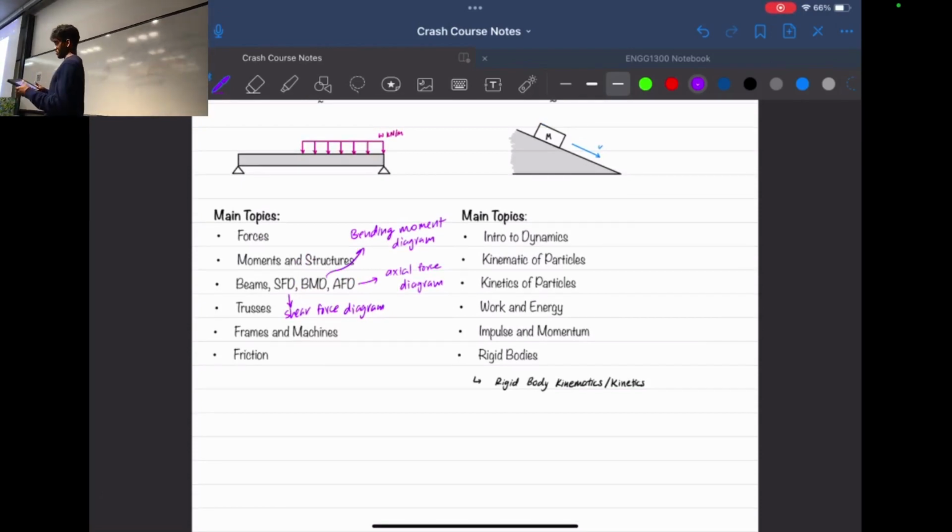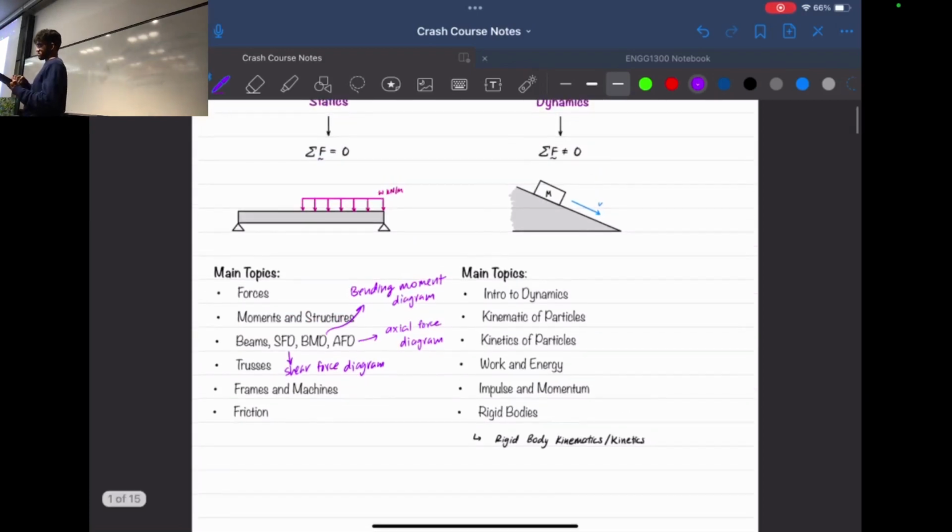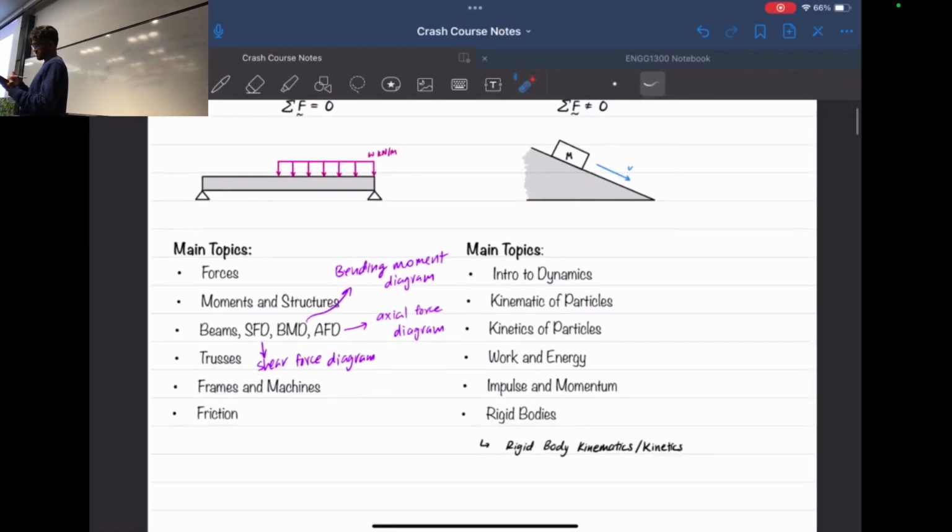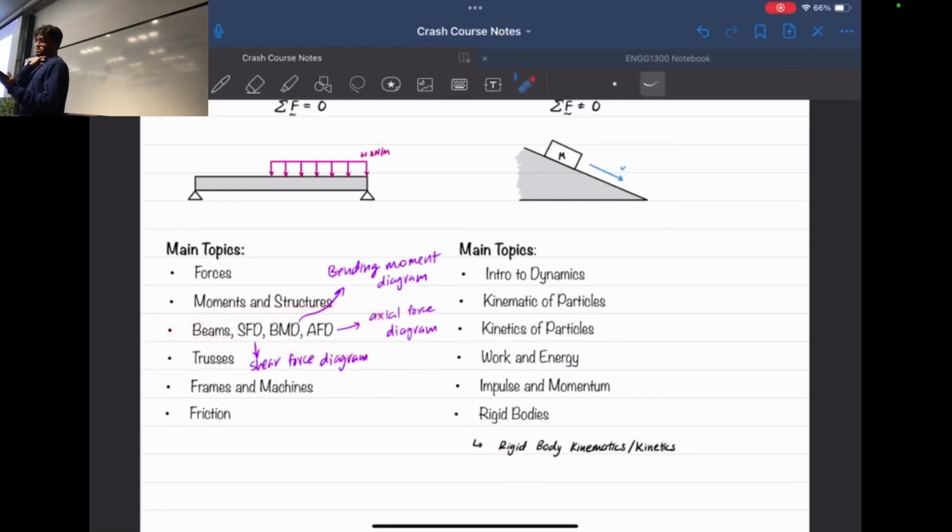So there were some people who walked in late. The stuff I wanted to recover was mainly this beam stuff over here: SFD, BMD, AFD. SFD just means shear force diagram, which he also went through, along with bending moment diagram, but he didn't go through axial force diagram.